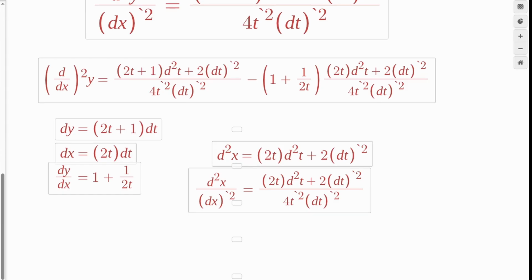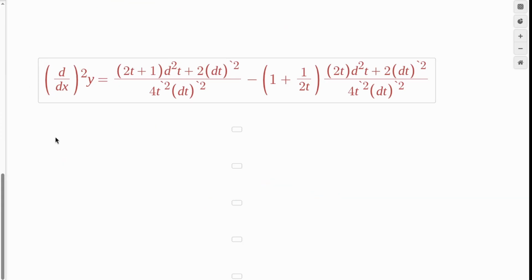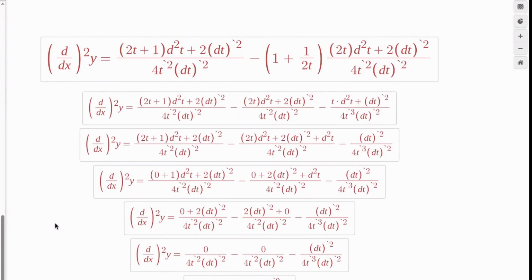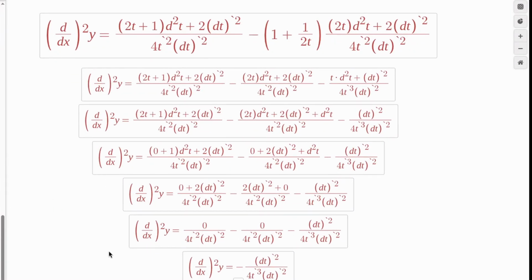And you may be saying, hey, this looks even crazier than what we got earlier. How is this the second derivative of y? Well, all it takes is some algebraic manipulation. You could pause the video to see all the steps. You could double check to verify it yourself.